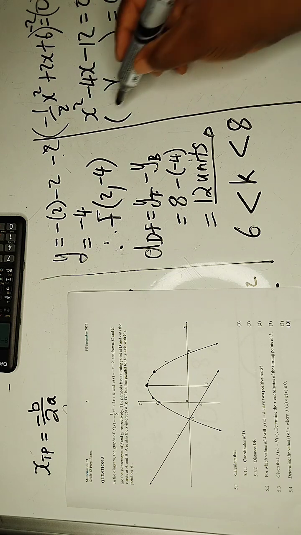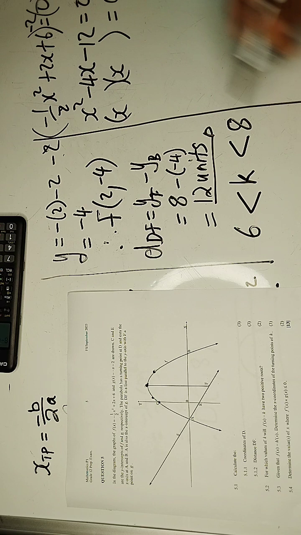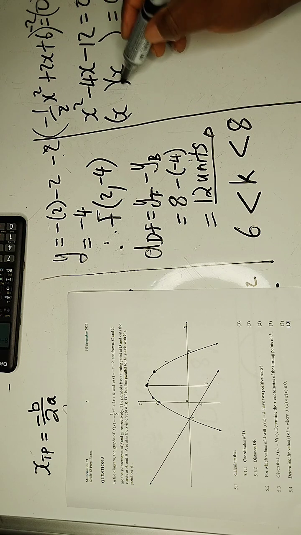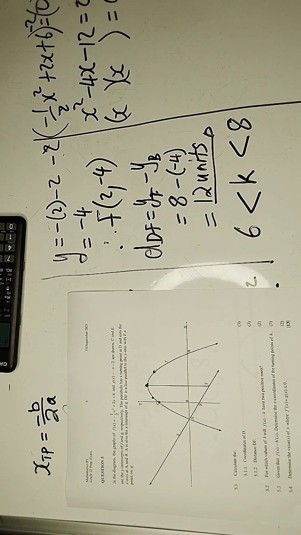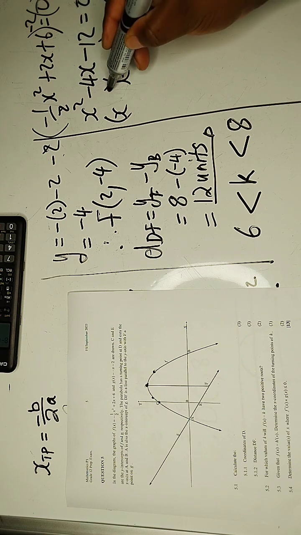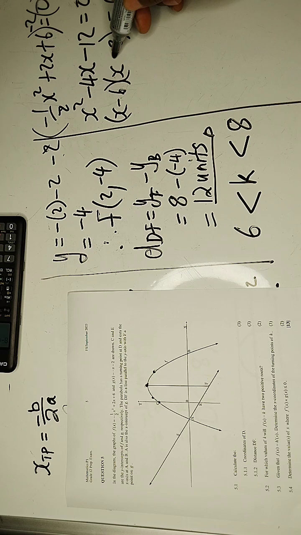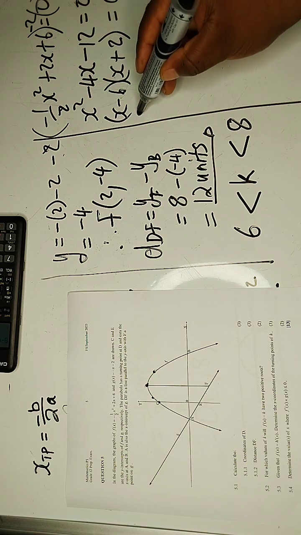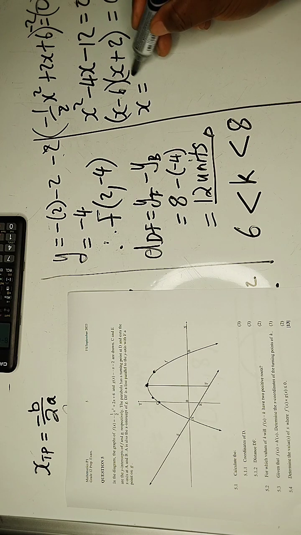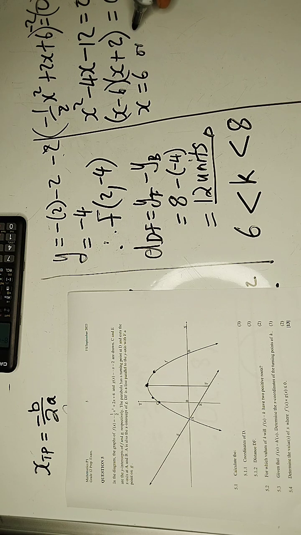So we know that this is x and this is x. 12 is given by 6 times 2. This will be negative and this will be positive. Hence x is equal to 6 or x is equal to negative 2.